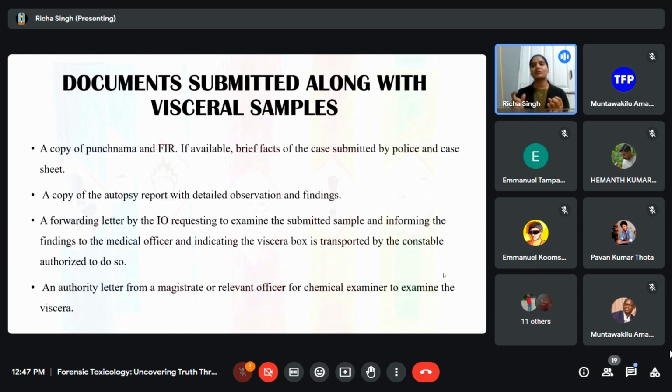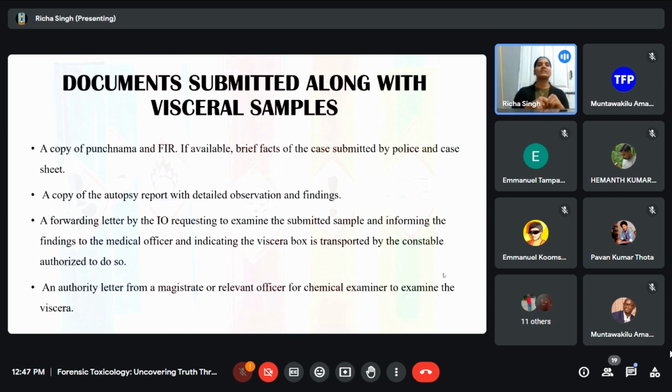So that poison can also be mentioned so that a whole lot of poisons can be excluded and only some category of poison can be used for the analysis, because we have very limited sample sent for analysis, and if we just keep on doing tests for all the possibilities, we will not be reaching any conclusion.